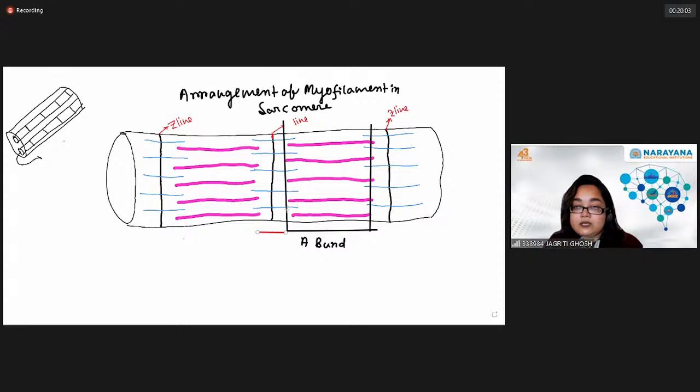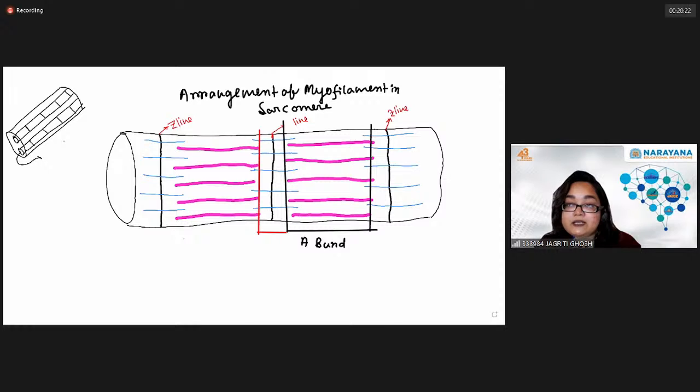We will not consider these overlapping parts. The part where only thin filament is present and no thick filaments are present, this part we will call the I band.